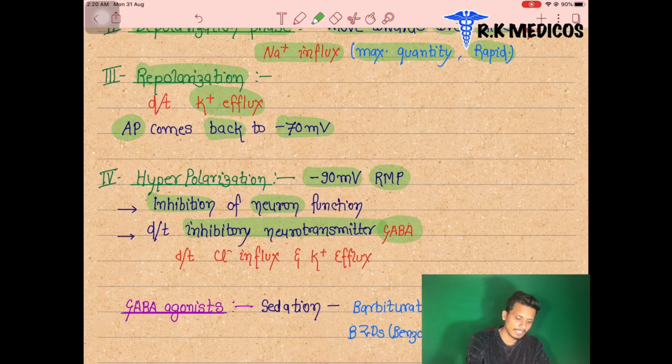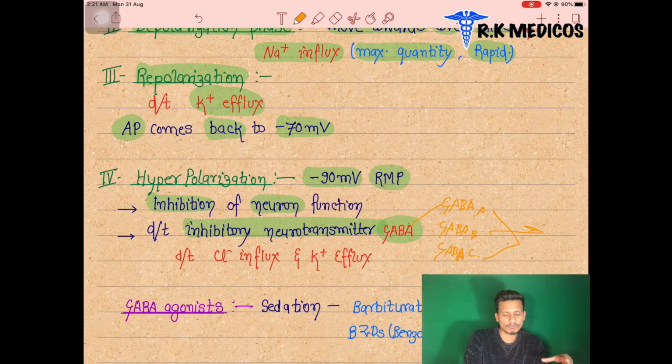It has three types: GABA A, GABA B, GABA C. GABA A and C act together, and GABA B acts alone, through different types of receptors.